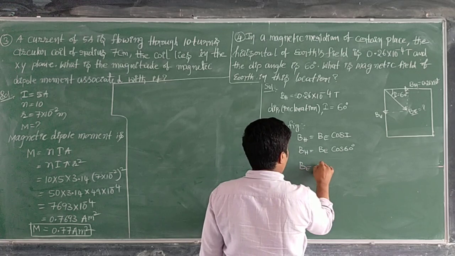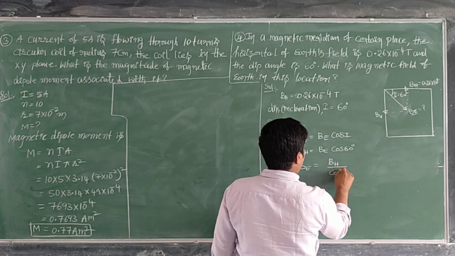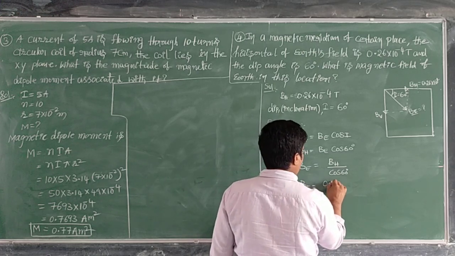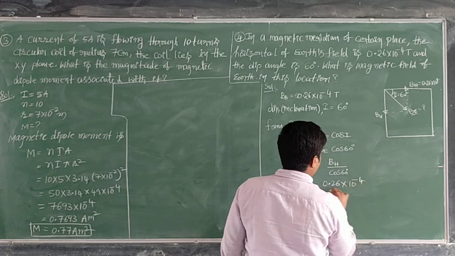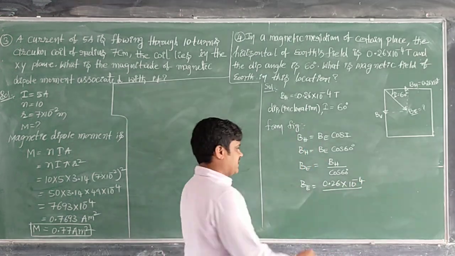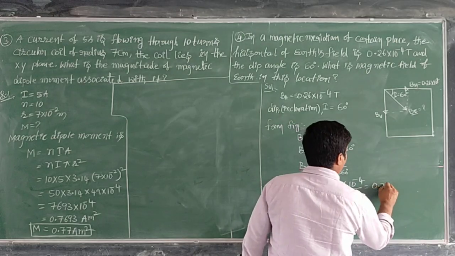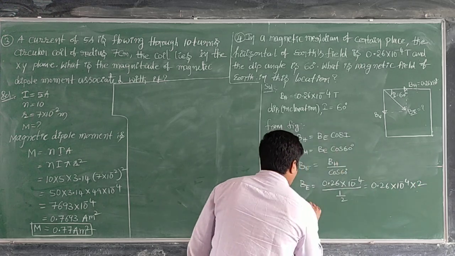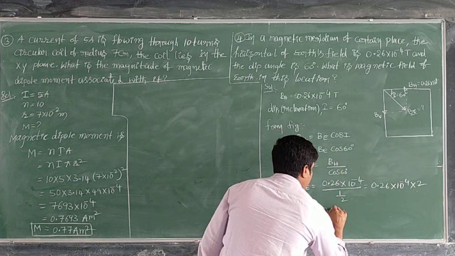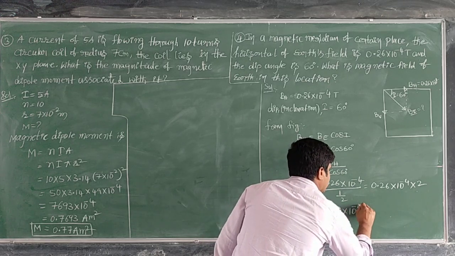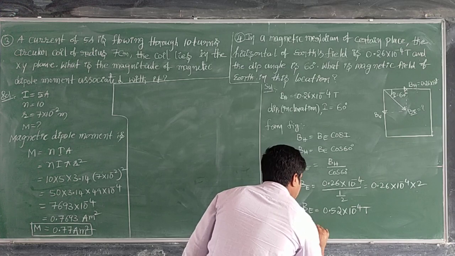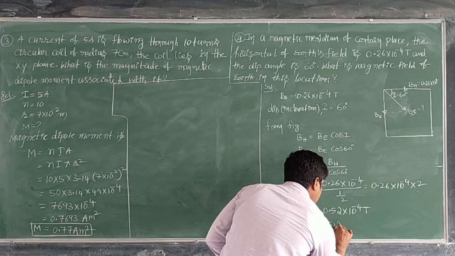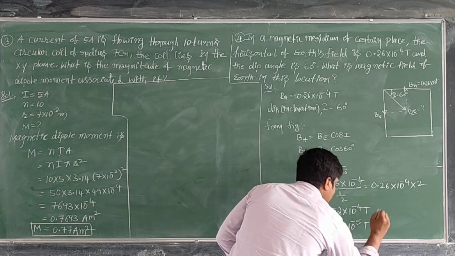So BE is equal to BH divided by cos 60 degrees. BE is the Earth's magnetic field. BH is 0.26 into 10 power minus 4 Tesla, divided by cos 60, which is 1 by 2, so 0.26 into 10 power minus 4 into 2. So Earth's magnetic field is 0.52 into 10 power minus 4 Tesla. Of course, Earth's magnetic field is in the order of 10 power minus 5, so 5.2 into 10 power minus 5 Tesla.